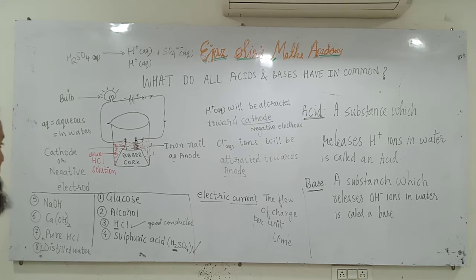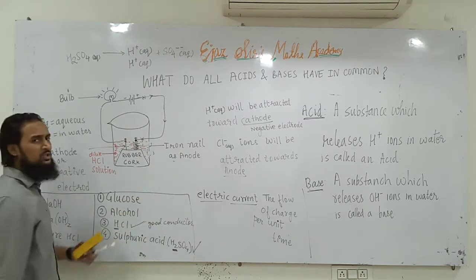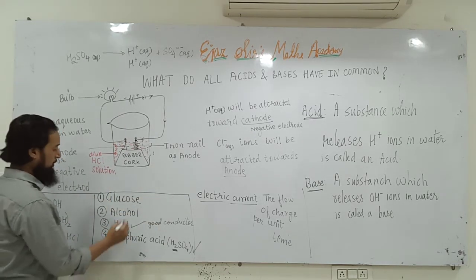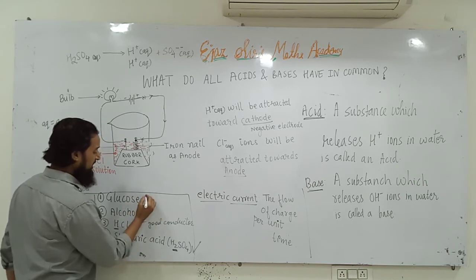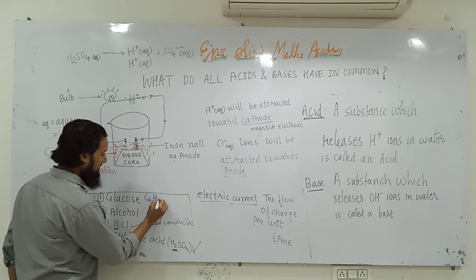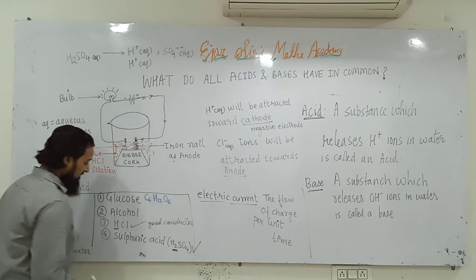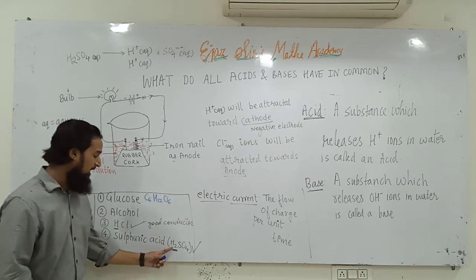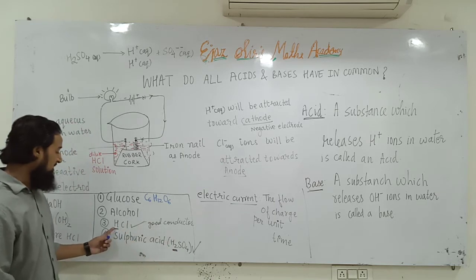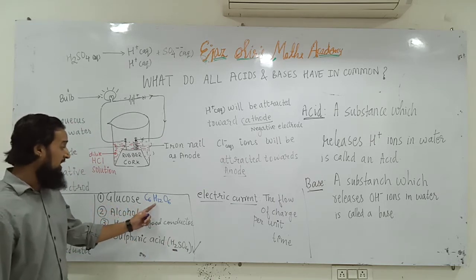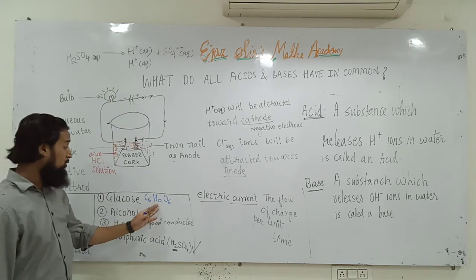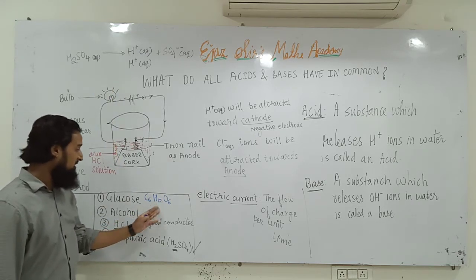Now we will wash the mug and take glucose solution in it. What is the formula for glucose? We studied it in chapter 6. It is C6H12O6. See, sulfuric acid has only H2, hydrochloric acid has only H1, but glucose is C6H12O6, with so many hydrogen atoms.